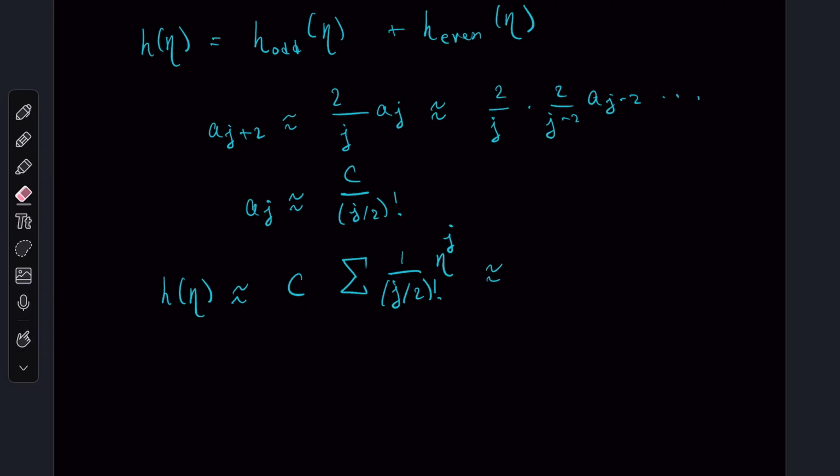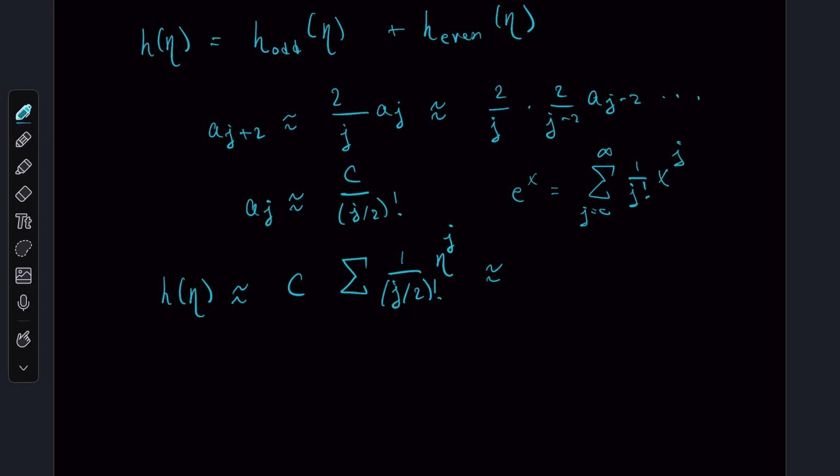So that's where this comes from. Okay, so now we're looking at an infinite sum with each of these powers of eta, and there's going to be some factor here that's 1 over j over 2 factorial, and it looks pretty similar to the expansion for the exponential, which is just one over j factorial times x to the power of j.